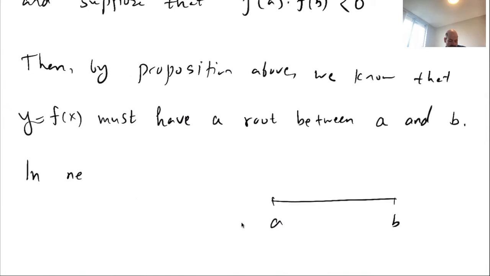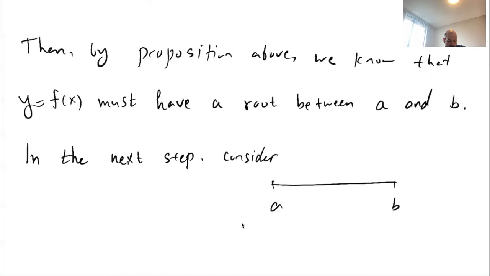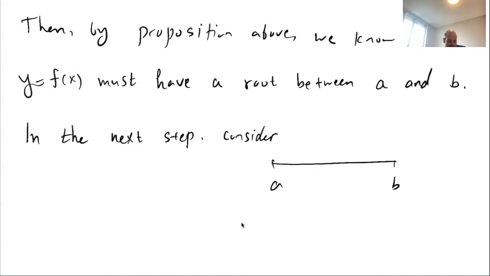The next step, consider, let's say, I can call it alpha 1 equals a plus b over 2. See, alpha 1, the average.